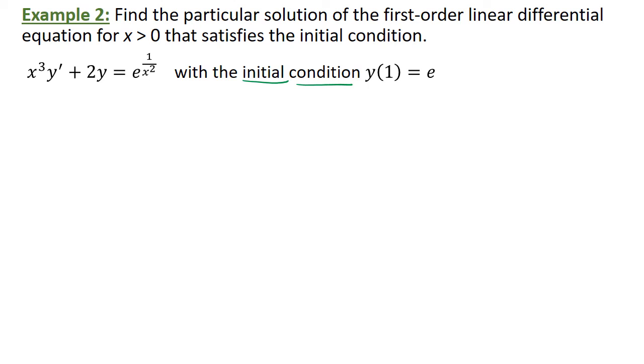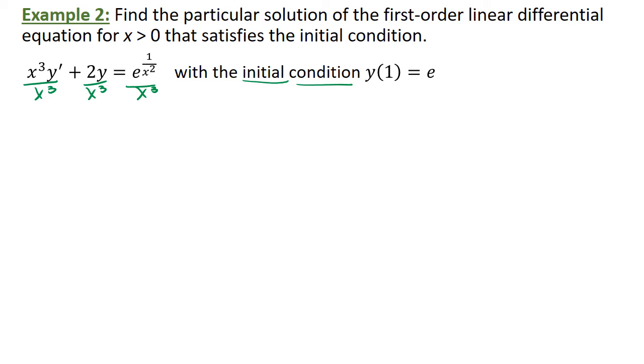Okay, recall, if you want to find the integrating factor, remember the coefficient of y prime needs to be 1. So I'm going to go ahead and divide everything by x cubed. When we do that, I end up being able to identify p of x and q of x.